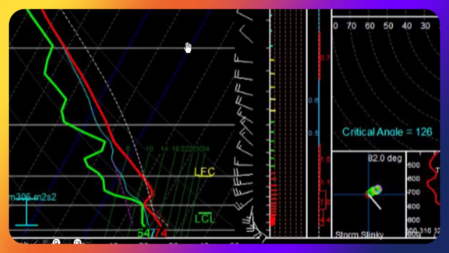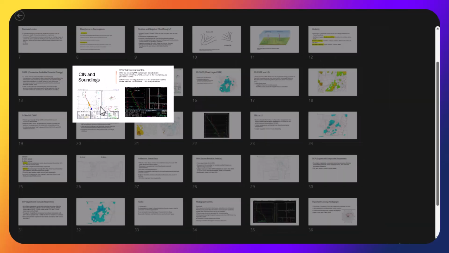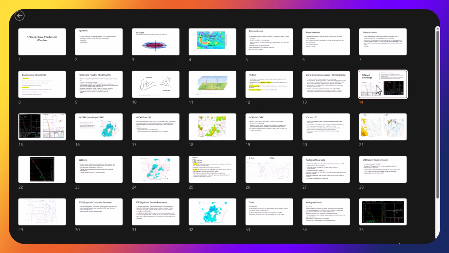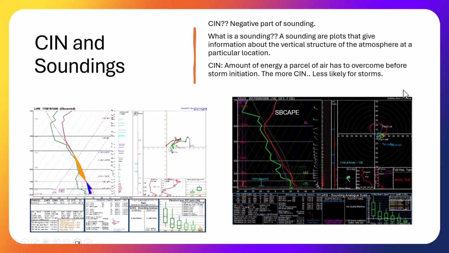Of course, it depends, there are other variables. But this, in between your air parcel on the left and your environmental temperature on the right, that is your sin. So this little area here, this is your CAPE. Hard to explain, and I've got so much more to go.